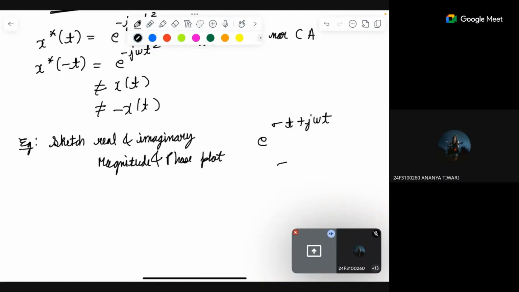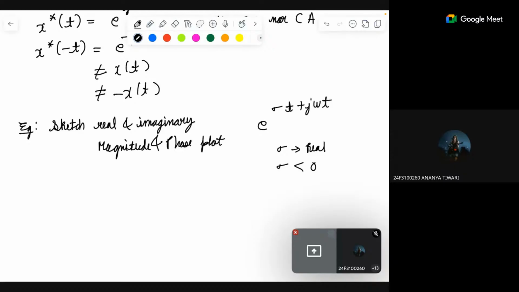Sigma is real and sigma is also less than 0. So this has been given to us. Have you seen this in the lecture? Do you remember? Yes, ma'am.